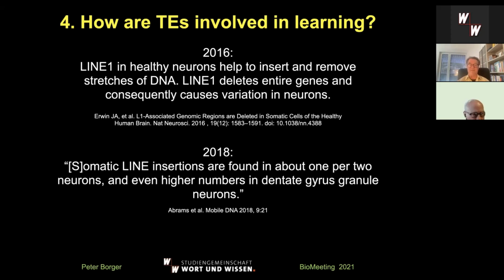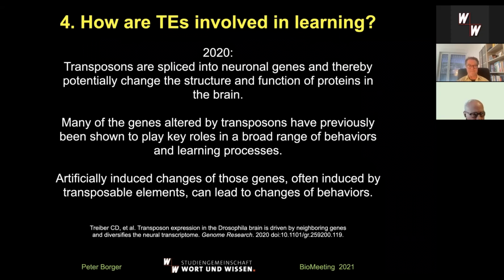So what you have to program in is a mechanism that is able to generate this variation. And it is exactly this that LINE is doing in your brains. It helps to differentiate your neurons into these billions of different learning types of novel genomes of these neurons.